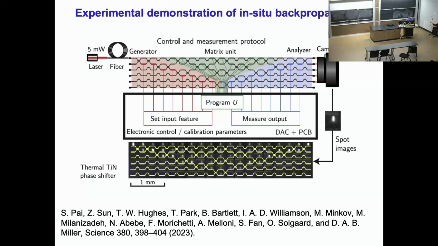It's not a requirement, but one thing that's interesting about the triangular mesh is there's a progressive way to implement an arbitrary unitary matrix, and that's very useful. Also, by reading off the temperature at each of the phase shifters in this triangular mesh, you get a complete characterization of the modal content. Those are very attractive for our purpose. It's not required. You can use other mesh architectures as well. Thank you.